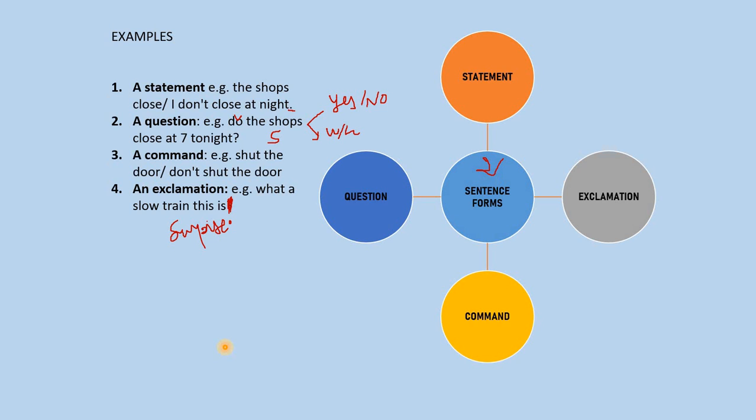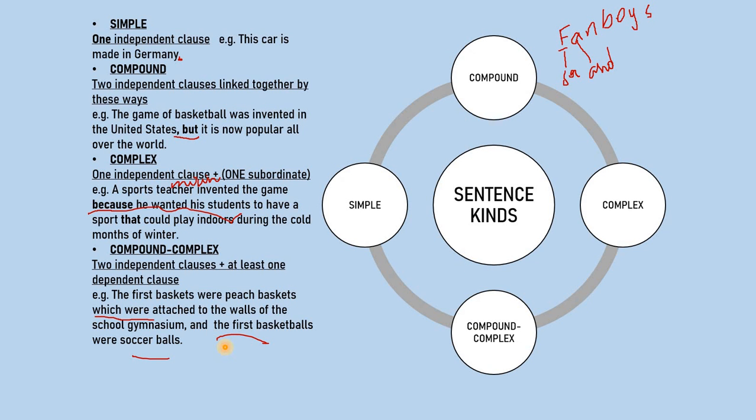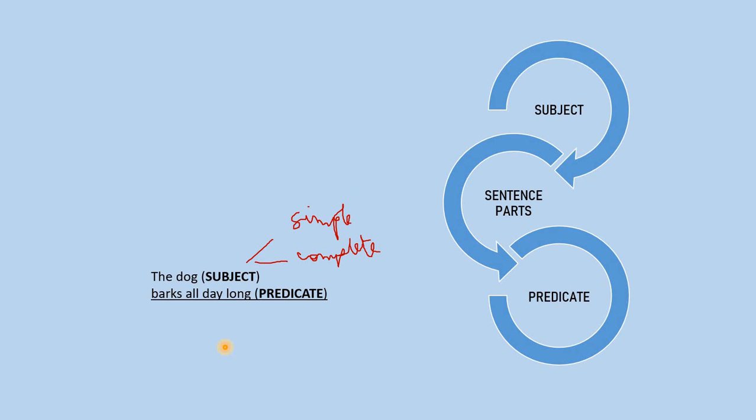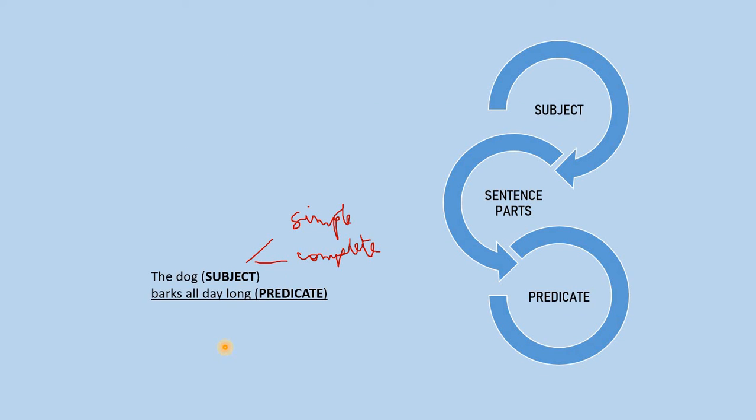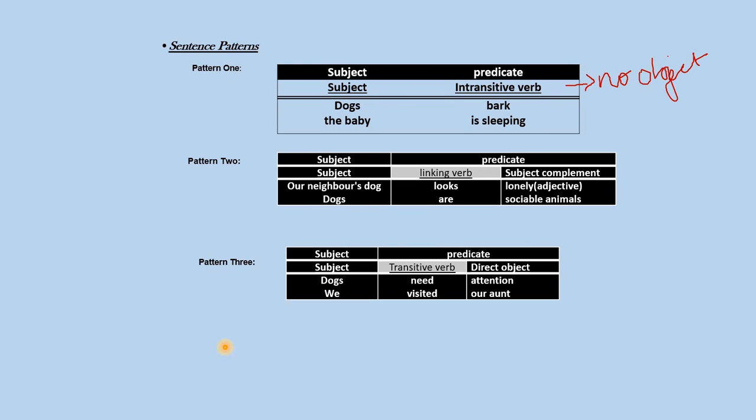So all the 6 patterns that we have seen can be used in the statements or in the questions, or mainly in these 2 sentence kinds. And these sentence kinds can come in forms of questions and in forms of statements. We have also the sentence parts, subject and the predicate, and the sentence patterns that we have seen.